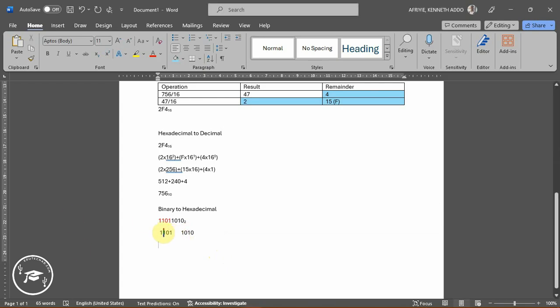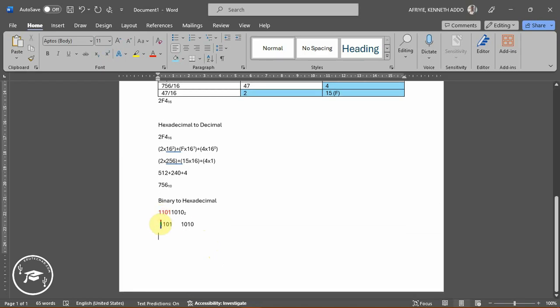So when you are able to group them this way, this is where it gets interesting. You have to convert this into decimals before you can get it back into hexadecimal. So converting 1101, we convert it into decimal. So let's quickly go there.